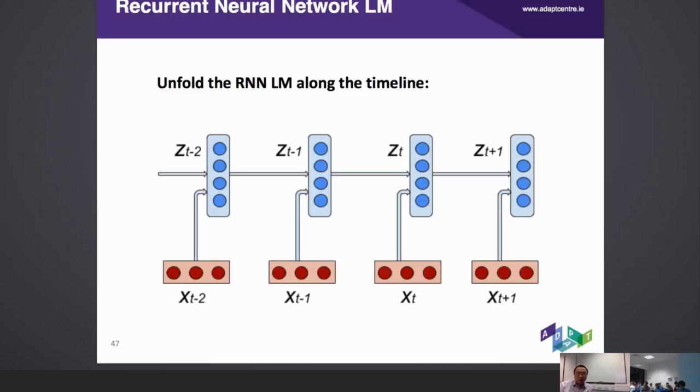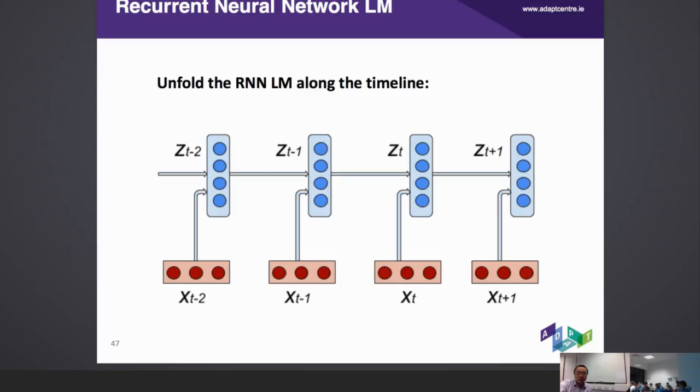The figure gives you the unfolded RNN language model along the timeline. At each time step, you can see we accept the previous state and the current word as input, and then we can generate a distribution over the vocabulary for the output word.